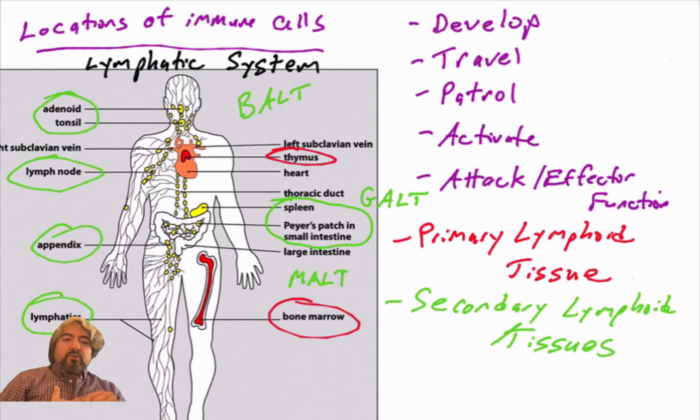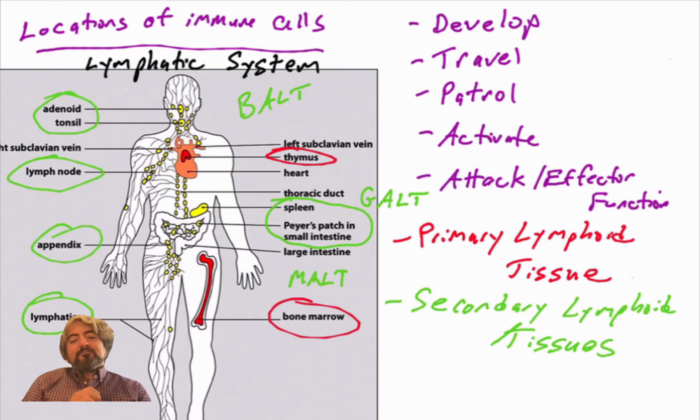Within our respiratory system, our lungs, our lung tissue functions for gas exchange, but within that bronchial tissue is bronchial-associated lymphoid tissue, BALT. So you'll find immune cells within the BALT structures, the lymphoid tissues within our lungs, because as we inhale pathogens, viruses, bacteria, fungi, those pathogens can get sampled by immune cells within the lymphoid tissue in our lungs.